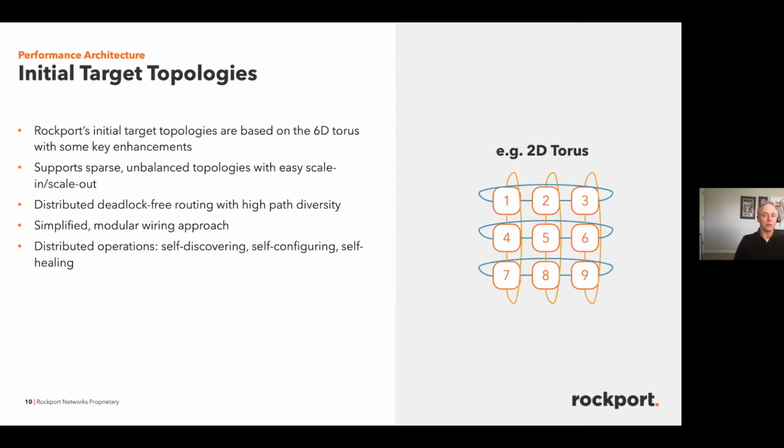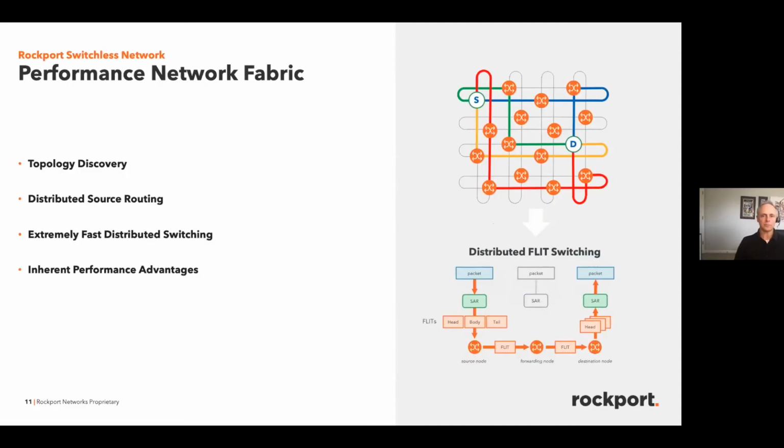And just for reference, out of the box, our maximum topology with our first release product, which is out now, is 1,536 nodes in a 6-dimensional torus. Just like this is a 3 by 3, our max dimension is a 4 by 3 by 2 by 4 by 4 by 4, which would give us 1,536 nodes in a 6-dimensional torus. Now, from a behavior perspective, and how the actual network works is, when a node comes up, it will announce itself to all of its neighbors.